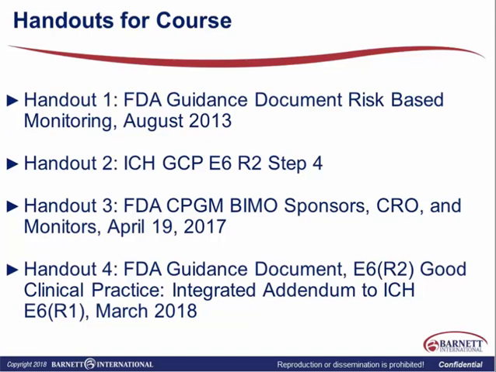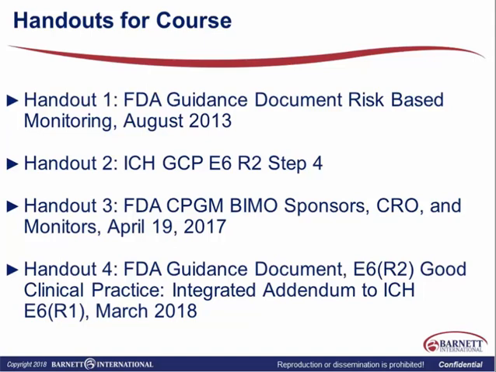And then lastly, most recently, this document came out the first of this month. It is the FDA guidance document, and essentially the FDA has stated that they agree with the ICH E6R2 Addendum. So they've accepted this document, and I have that attached.